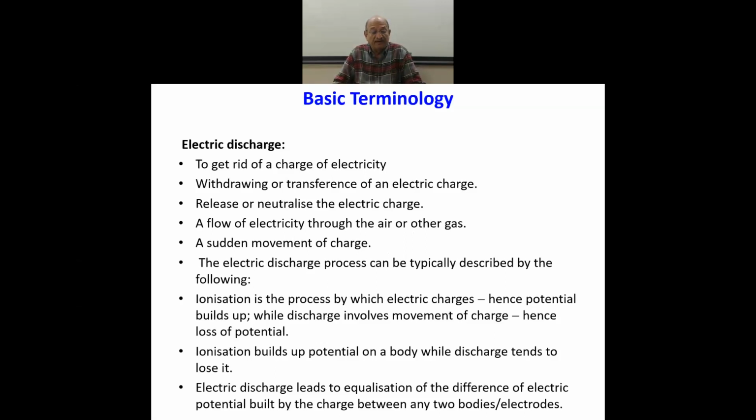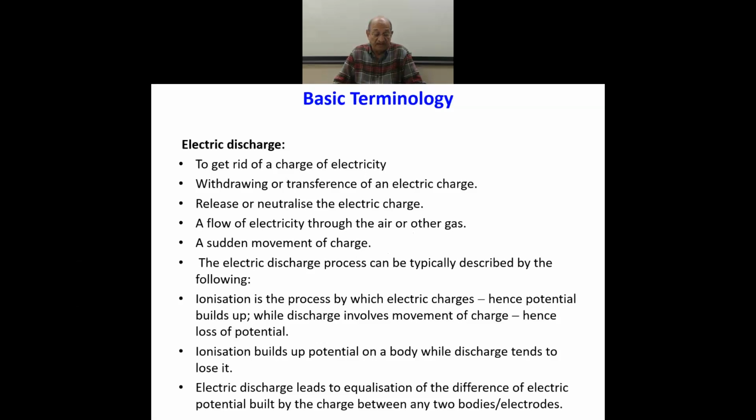So to get rid of charge is discharge, as I explained. Withdrawing or transference of an electric charge is also discharge. You can also say sudden movement of charge. Well, I like it very much. Sudden movement of charge is discharge. The electric discharge process can be typically described by the following.